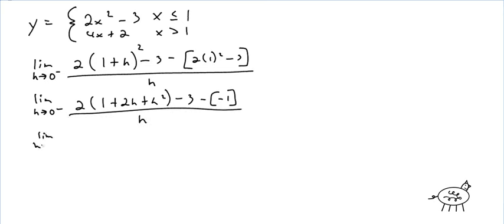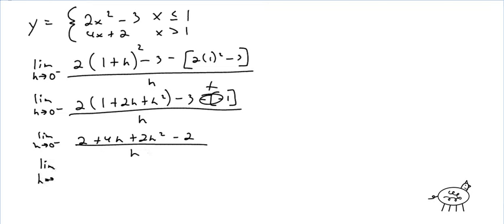So limit as h approaches 0 from the negative side, that's going to be 2 plus 4h plus 2h squared minus 3, plus 1, all over h. So we have limit as h approaches 0 from the negative side.